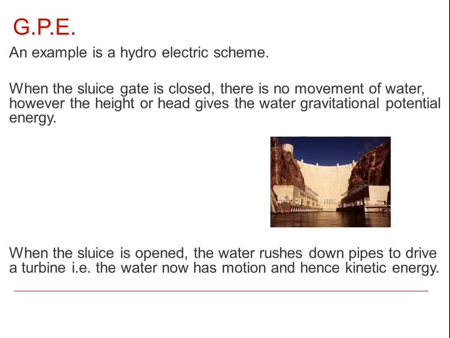An example of where this might be useful is in a hydroelectric scheme, where the water held behind the dam has a store of potential energy. If we open the sluice gates at the bottom, that turns into kinetic energy of the water, which in turn can drive the turbines and produce electric energy.